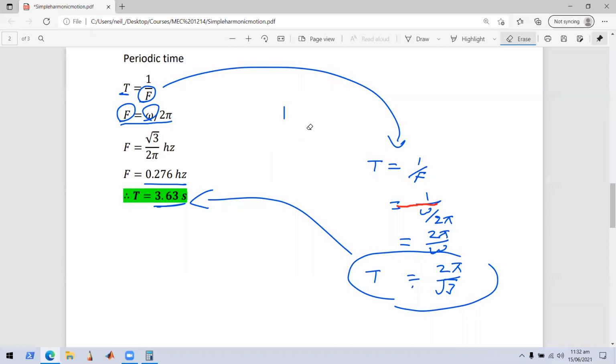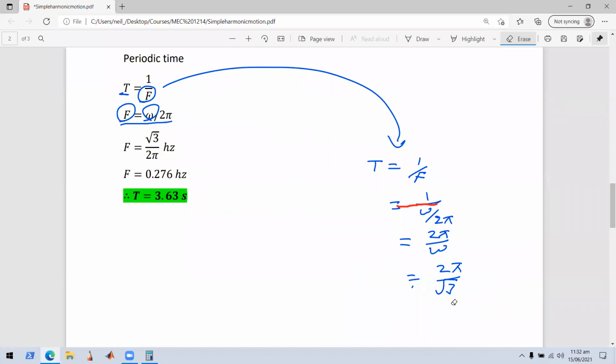Okay, so it comes from the definition of hertz. Hertz is the number of cycles per second, right? So 1 hertz is 1 cycle per second. If we assume cycle doesn't have a unit, 1 hertz is 1 cycle per second.